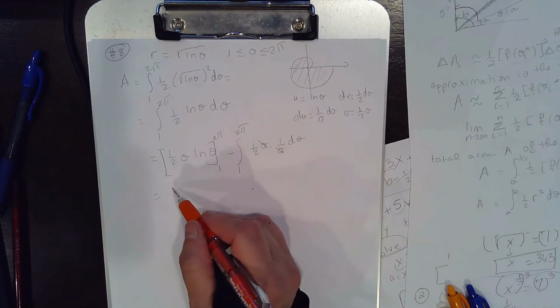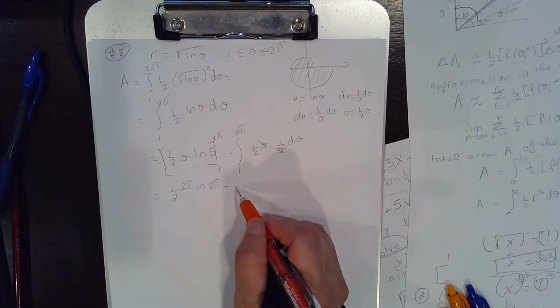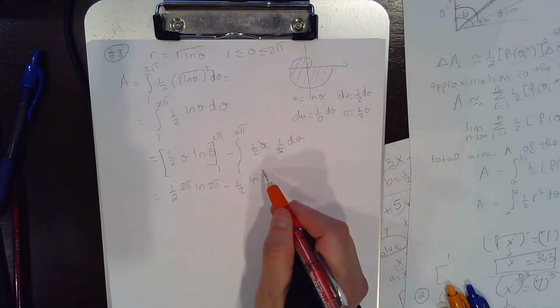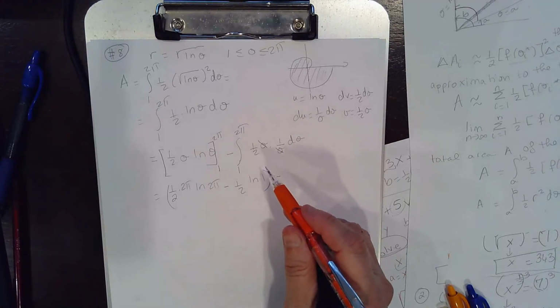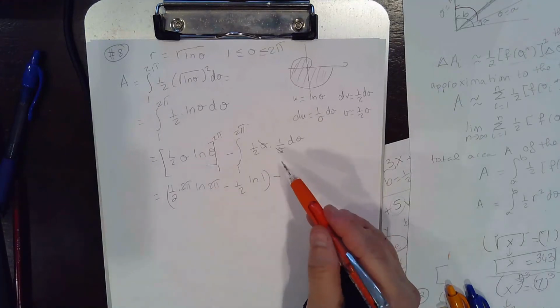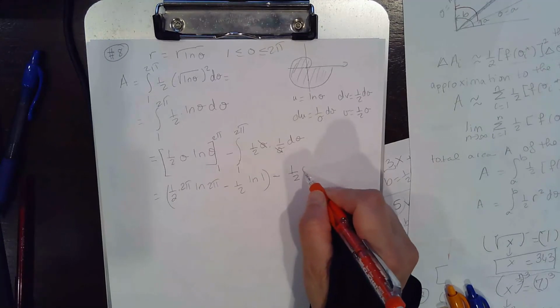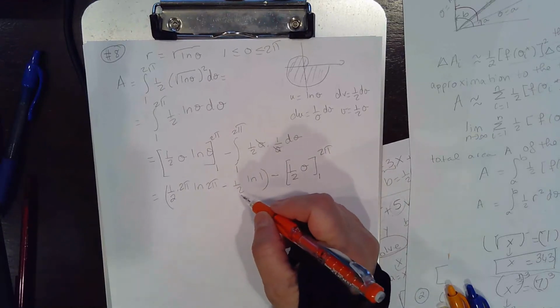This is going to be 1/2 times 2 pi ln 2 pi, minus 1/2 times 1 ln 1. You guys know what ln 1 equals, right? ln 1 is simply 0. Minus, let's do this one. The integral of 1/2 d theta gives us 1/2 theta, from 1 to 2 pi.